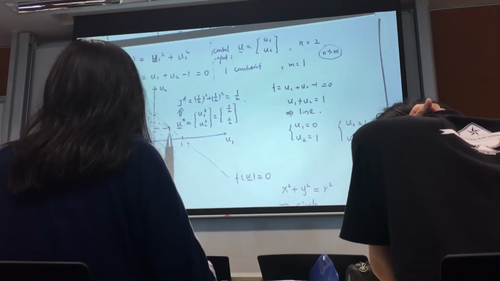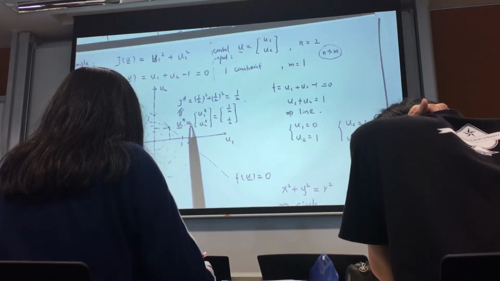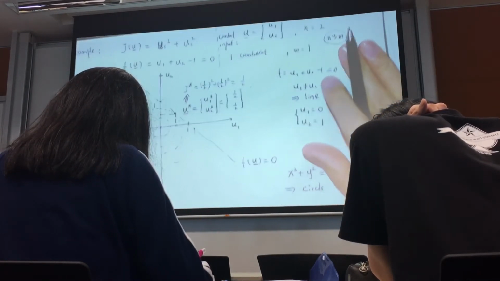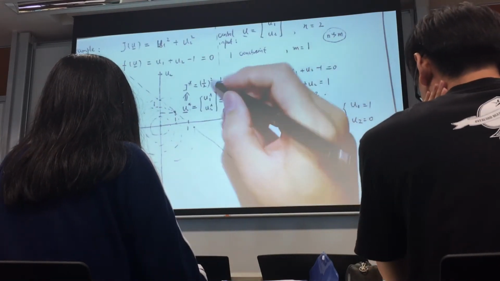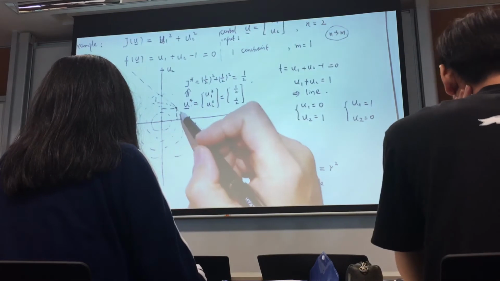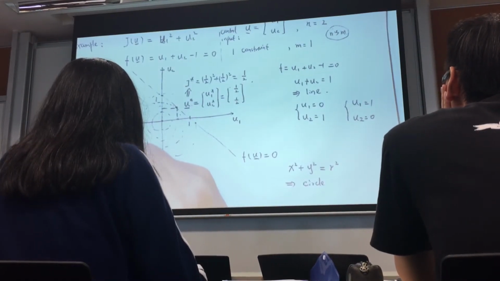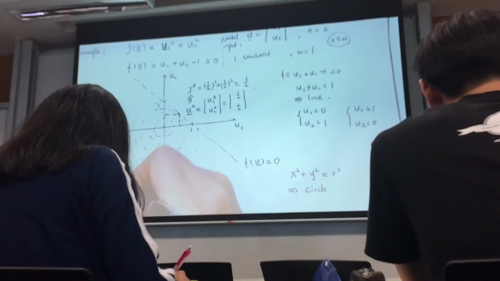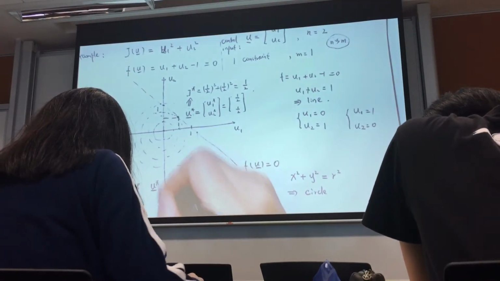We are now interested in the properties of this u star. Similar to the unconstrained problem, what are the properties of u star?